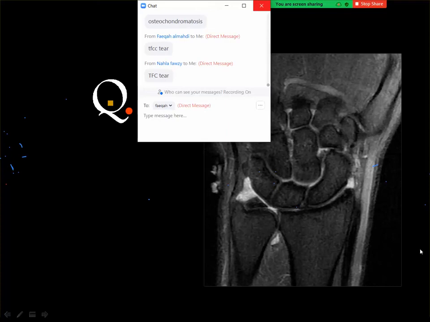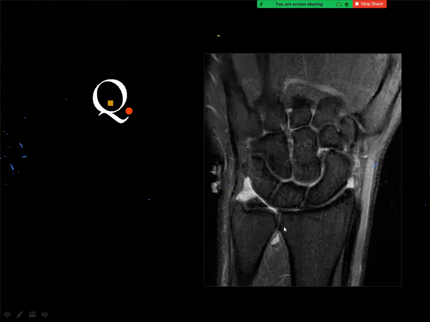TFC tear, Nahla said, and most of you answered the case correctly, and you got a defect in the fibrocartilage along its attachment to the radius, with consequent leakage of fluid from the proximal radiocarpal and radioulnar joint into this space, which is the distal radioulnar joint.